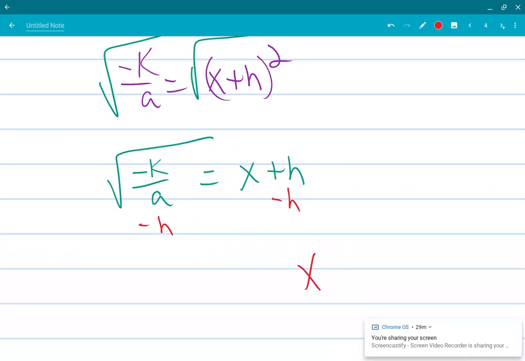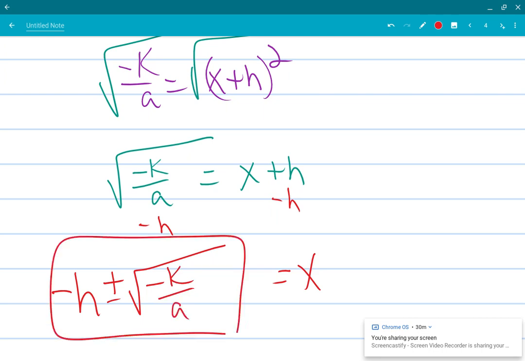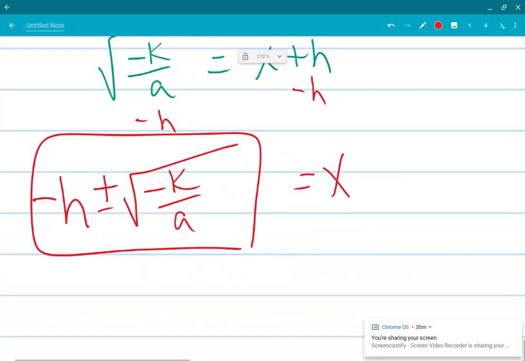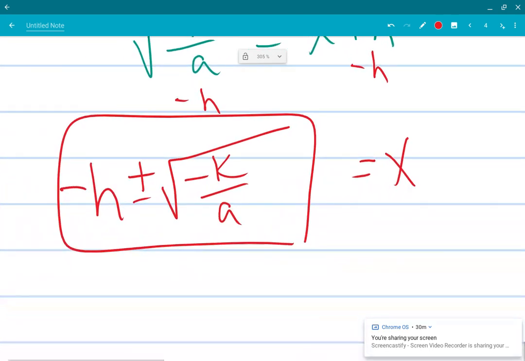So my x-intercept is negative h plus or minus the square root of negative k over a. So this is what we got to type into Desmos. Go ahead and put x1 equals, and then do the plus, and then x2 will equal the other. So go ahead and do that.